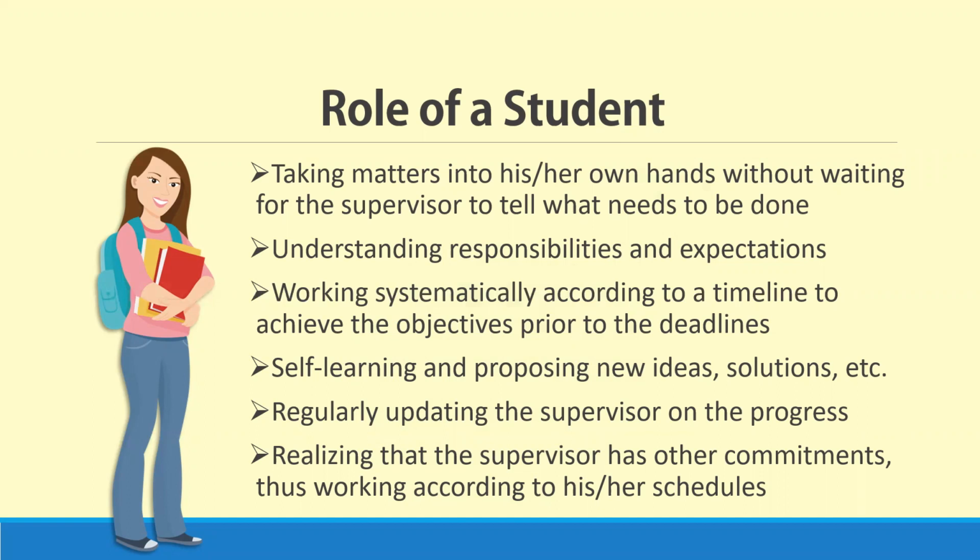So the research has to be completed, and also the degree related requirements. Therefore, to fulfill these requirements, the student has to have a plan and work according to a plan to meet the milestones.